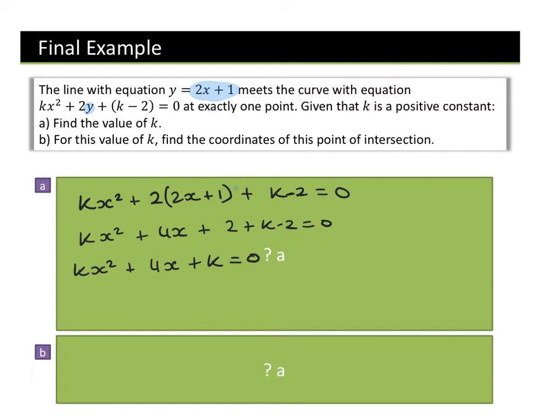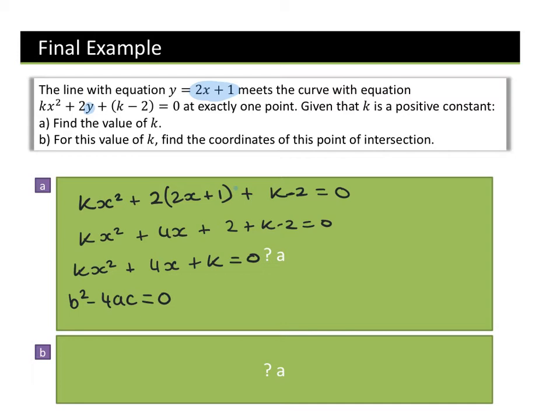Now, because we've substituted it in and we're saying that it has one solution, if something has one solution, one root, this is where we use what we just used before: b squared minus 4ac equals 0, and that's how we can use that to find our k.